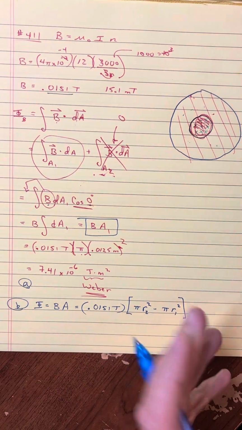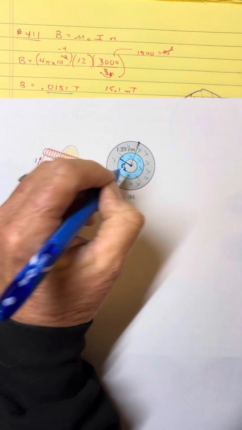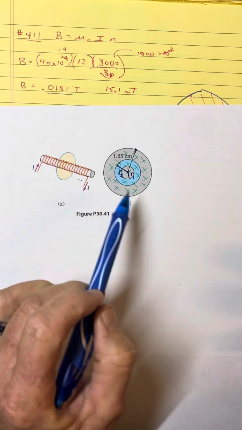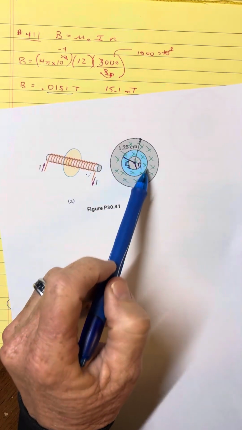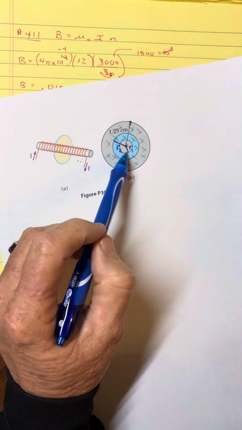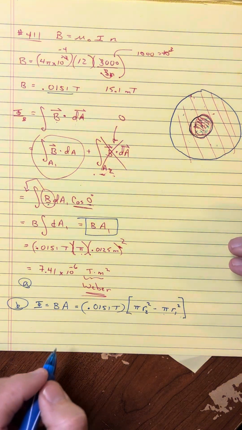So if we call this right here R2 and the shorter or inner one R1, then this first term is the area enclosed by R2, and then of course we're going to subtract off the area enclosed here, which leaves just the blue stuff.